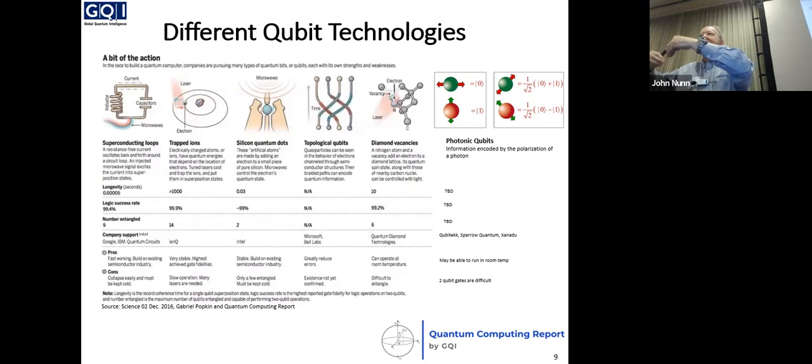That's used in neutral atoms. You can then shine the laser on that atom to create what's called a quantum gate that will change its state. Let's say change it from a 0 to a 1, 1 to a 0, or put it into one of these superposition states.